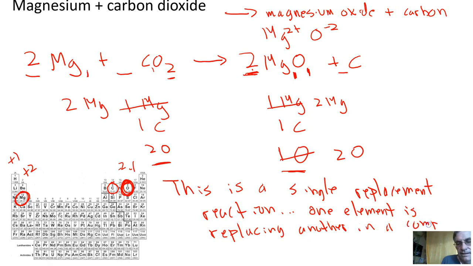So one way to think about this is to think about it generically. We could say element A reacts with BC. So BC would be some compound, right? B and C joined together, like element B and element C. And what happens is element A kicks out B, B gets thrown out, and A takes its place. So we end up with AC, A moves in, and B gets thrown out.